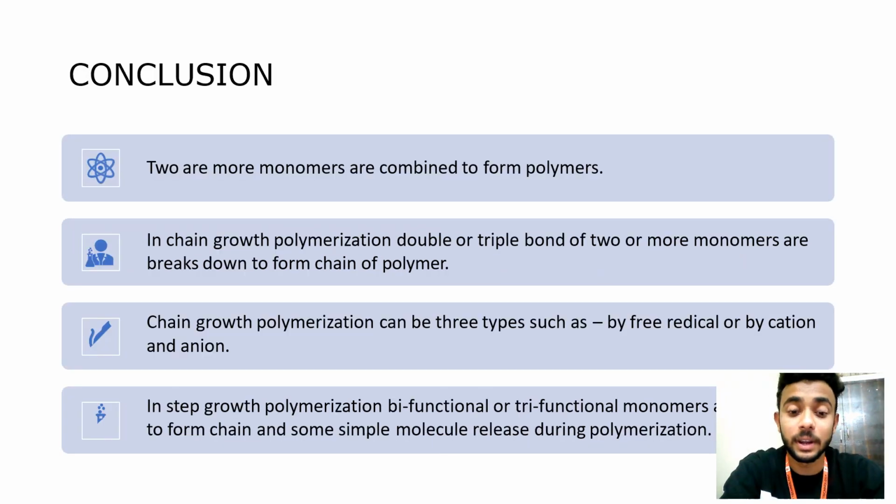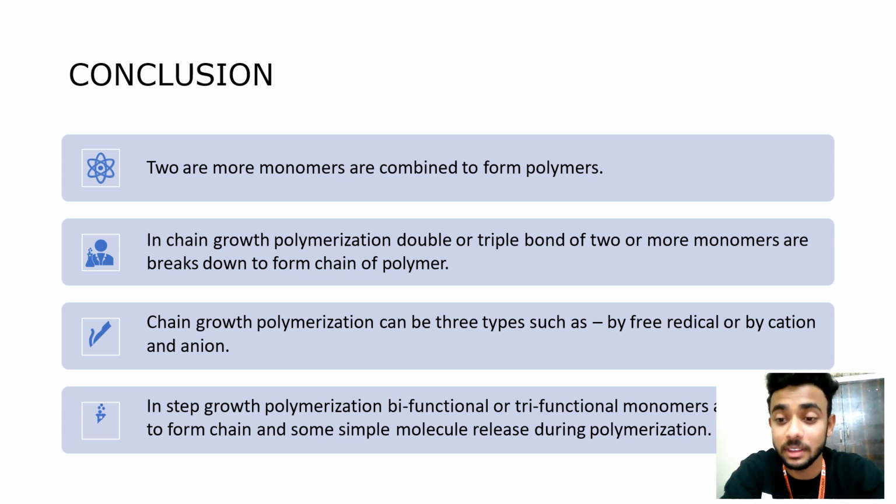So let us conclude our topic. First, two or more monomers are combined to form polymers. In chain growth polymerization, the double or triple bonds of two or more monomers are broken to form a chain of polymers.